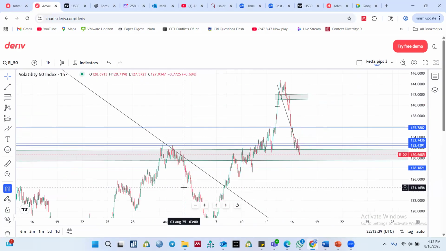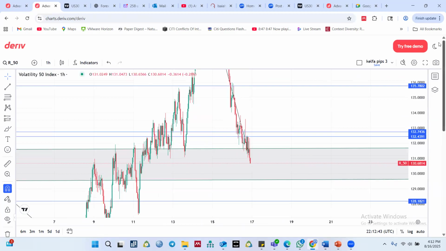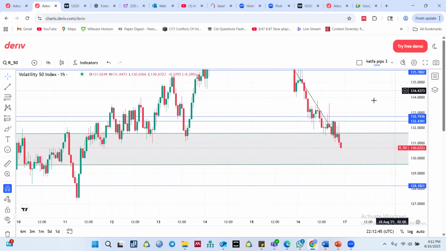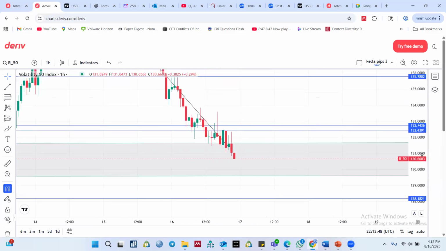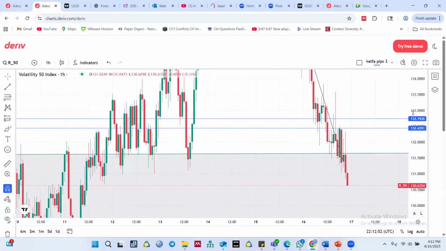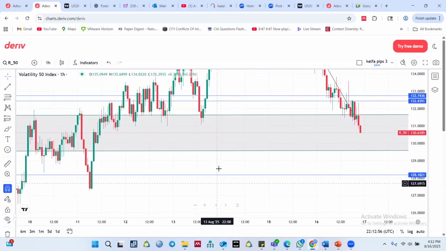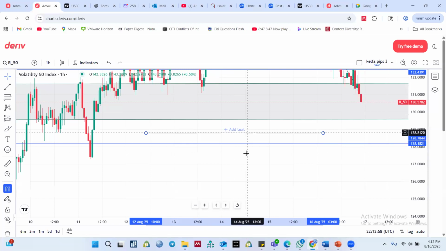So now price has been moving bearish. We expected this support area to hold. So we need to learn or understand the characteristics of a zone or an area of interest to hold.